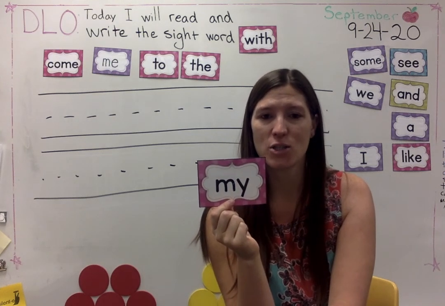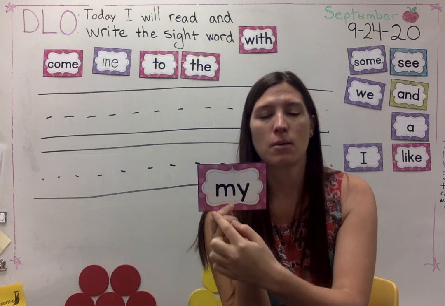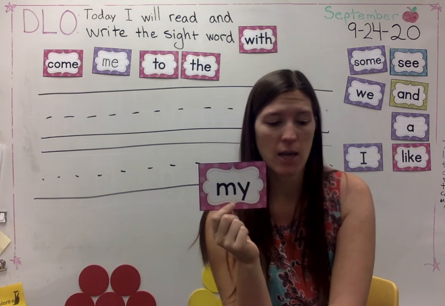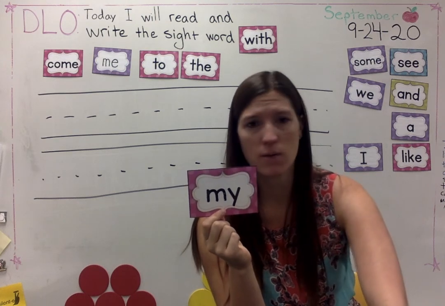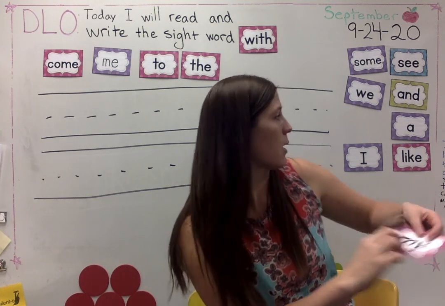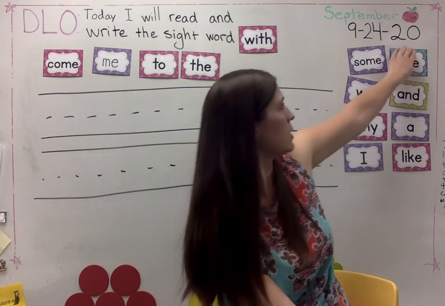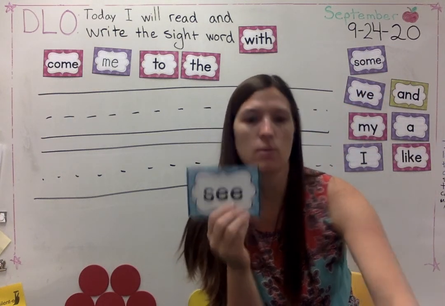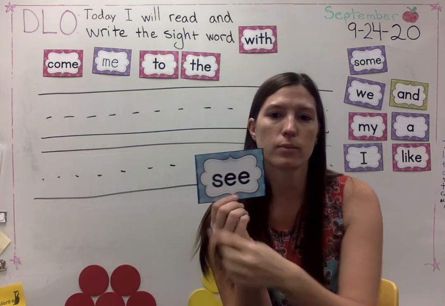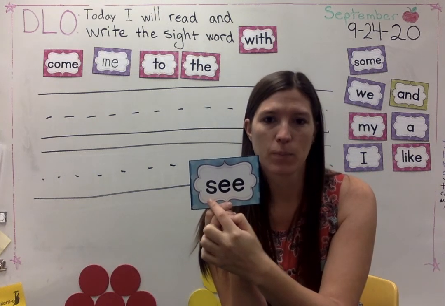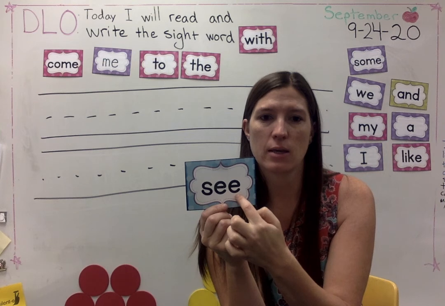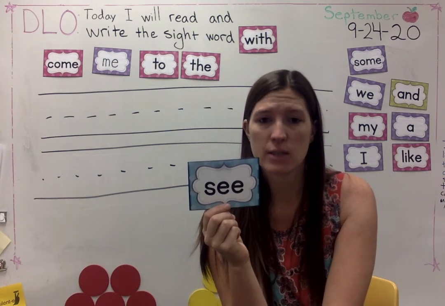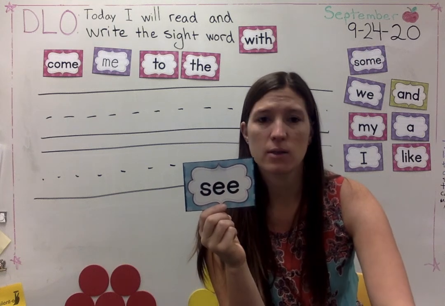M-Y is such a small word. My dog, my cat, my house, my friends, I use my all of the time. My, M-Y. See, S-E-E. I can spell see.